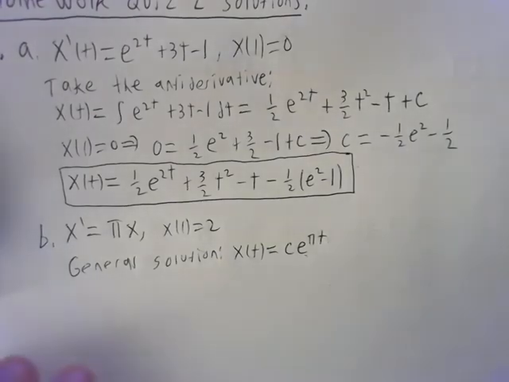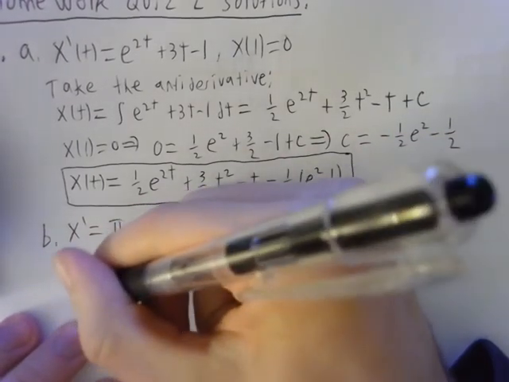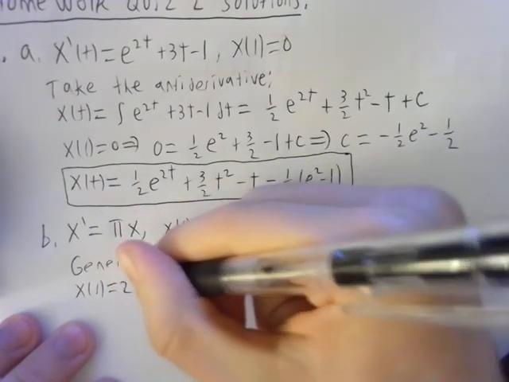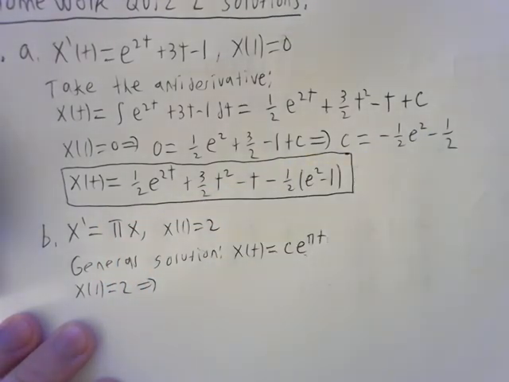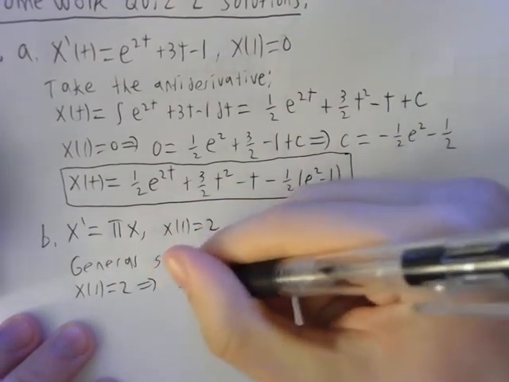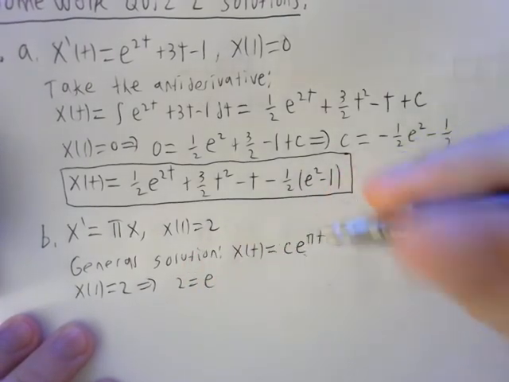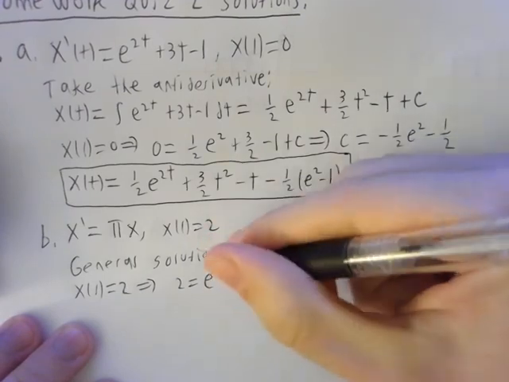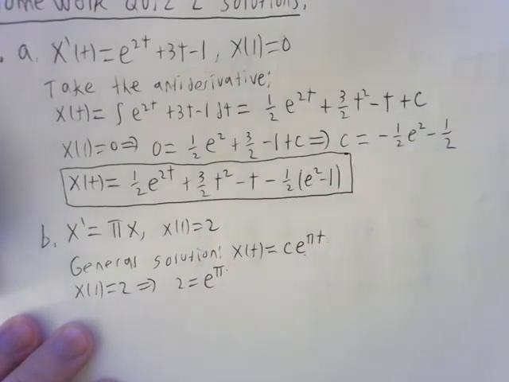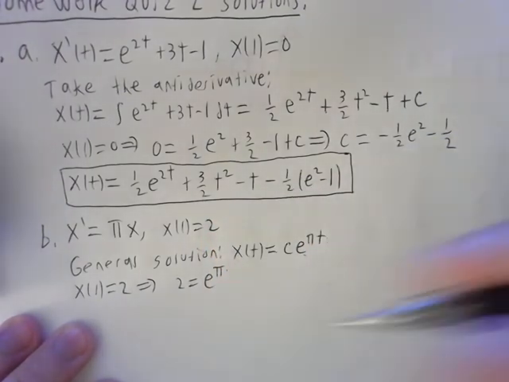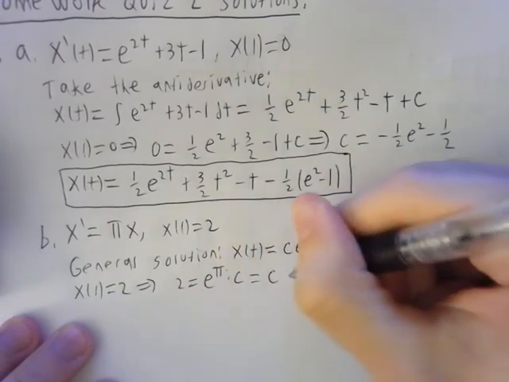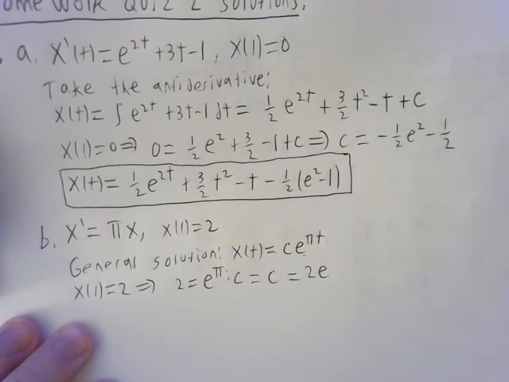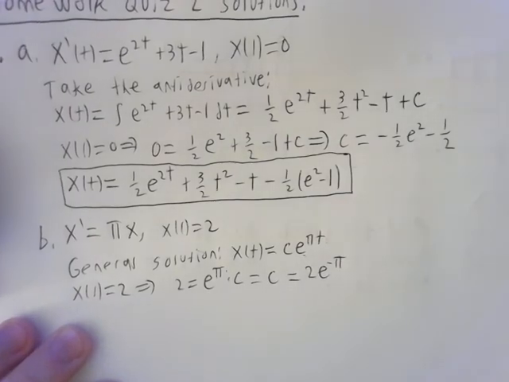Then we use the fact that x of 1 is equal to 2 to see that 2 is equal to e to the pi times 1, or just e to the pi, times c. And that means c is equal to 2e to the negative pi.